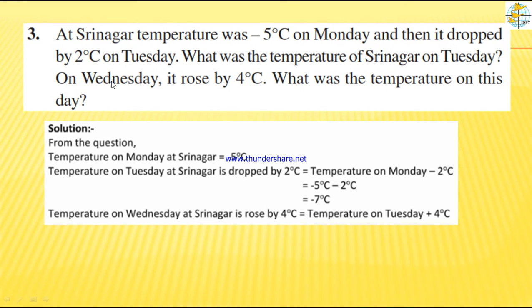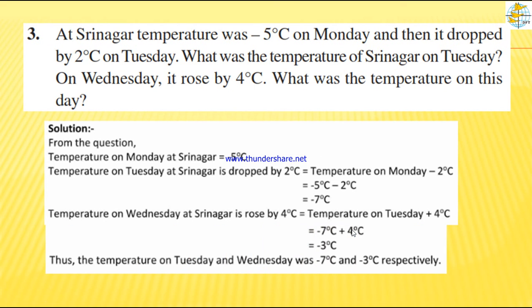Then on Wednesday what's happening? It rose by, rose means raised, the temperature increased. These words all show the temperature is increased. On Wednesday, it rose by 4 degrees Celsius. On Tuesday the temperature was minus 7 degrees Celsius.